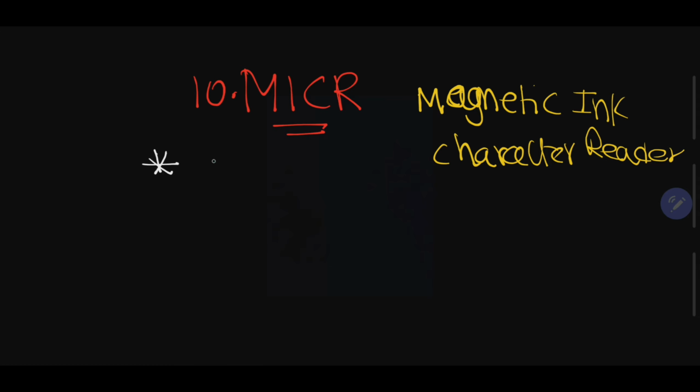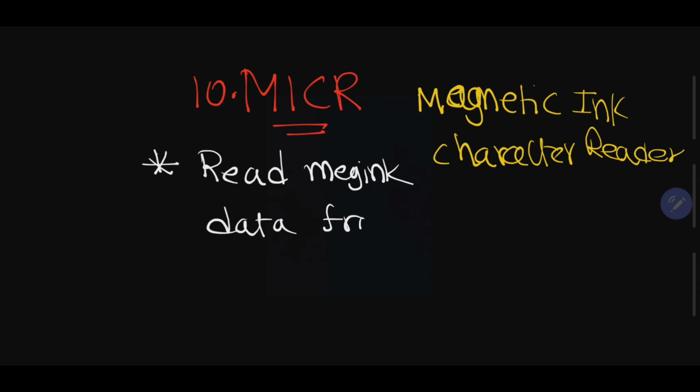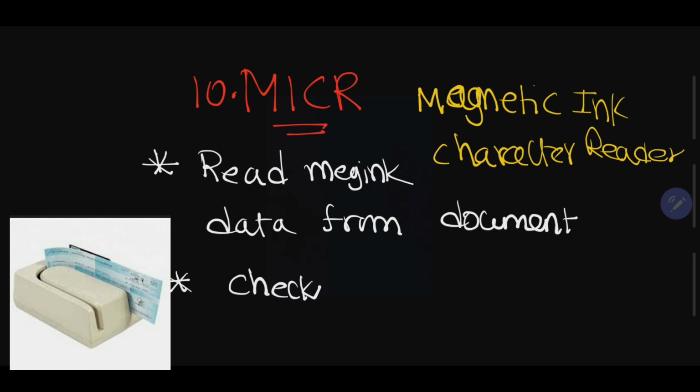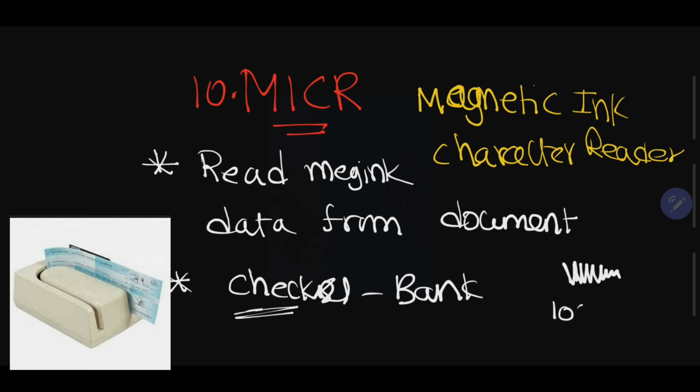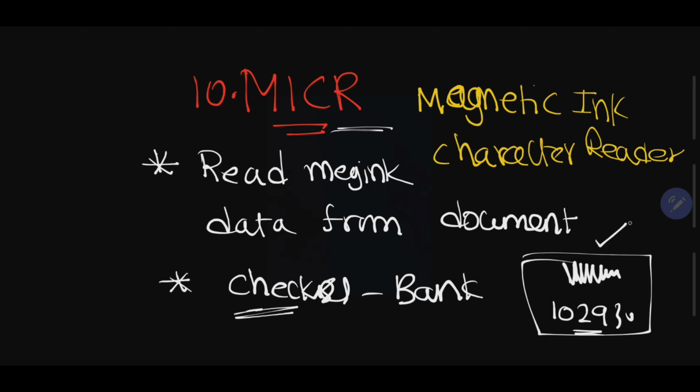This machine reads magnetic ink data from a particular document. The best example is data reading from checks which are used in banks. You can find on the check some kind of barcode and a number like 1029, some kind of number you can find. So with the help of this MICR we can read the checks.